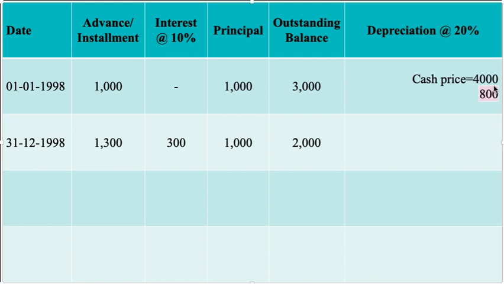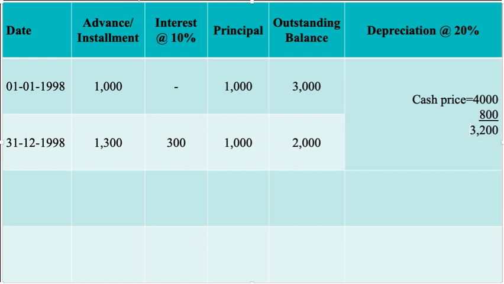So if 800 rupees is the depreciation amount, which is an expense on the asset, the left amount is 3,200. So for the next year, we are going to depreciate the asset at 20% on 3,200, right? This is for the first year.